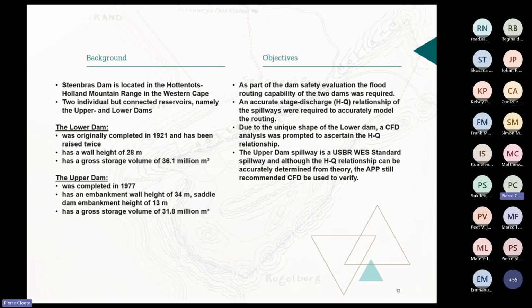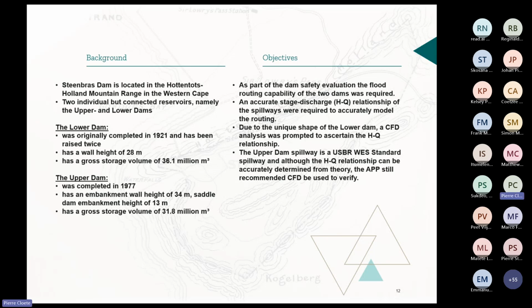But for that, you would obviously require an accurate stage storage relationship for both spillways, and that would eventually feed into a 2D numerical model that was set up as well. But due to the unique shape of the lower dam spillway, the approved professional person prompted the use of CFD to determine the accurate head versus flow rate relationship.